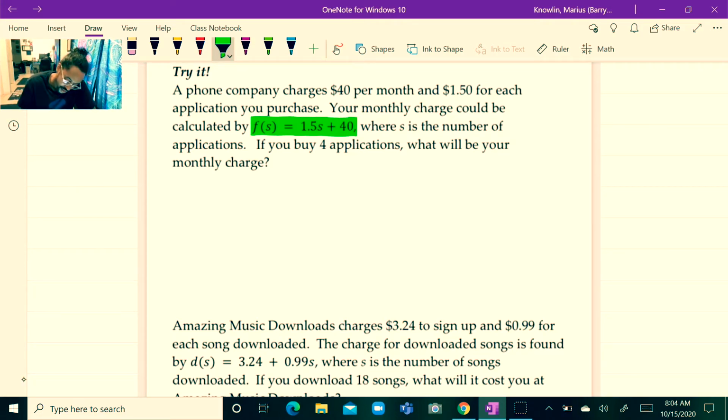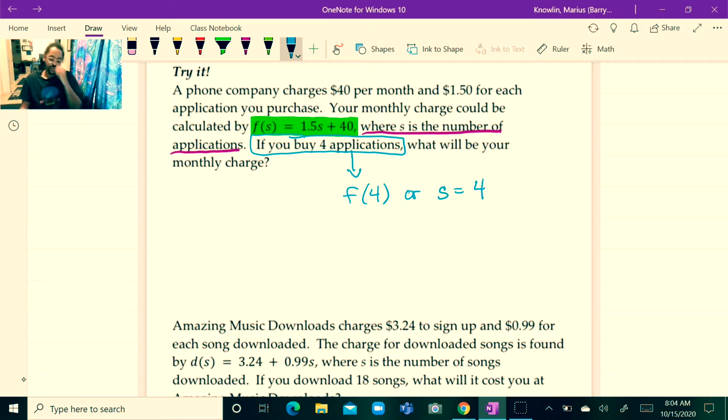They gave us our function, and they also told us that s represents the number of applications. And right here it says if you buy 4 applications. So if we buy 4 applications, that's basically saying f of 4, or that's another way of saying x equals 4, s equals 4.